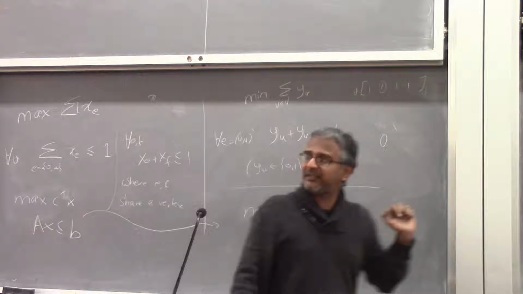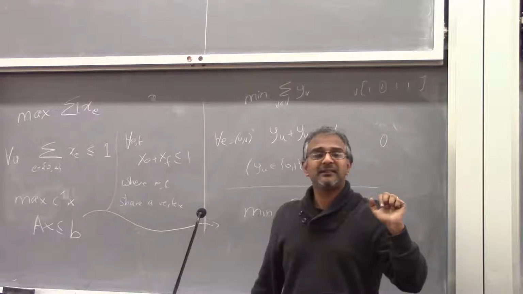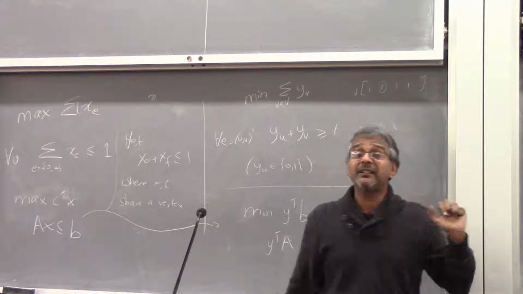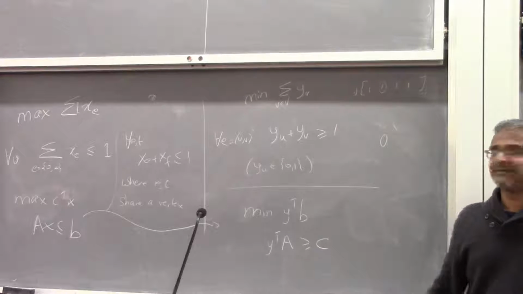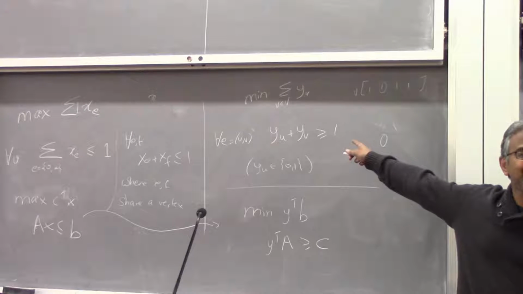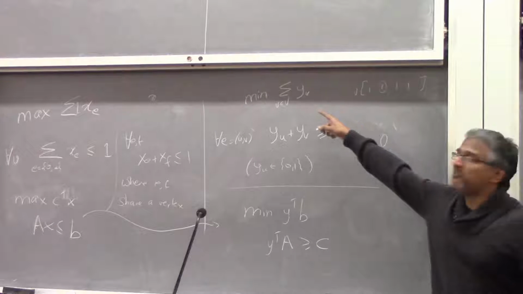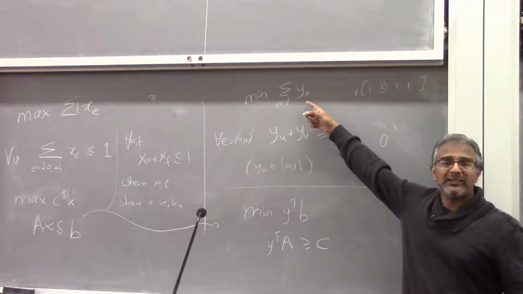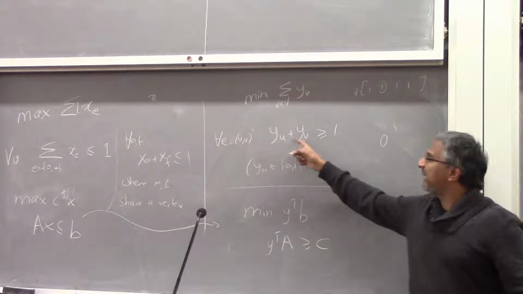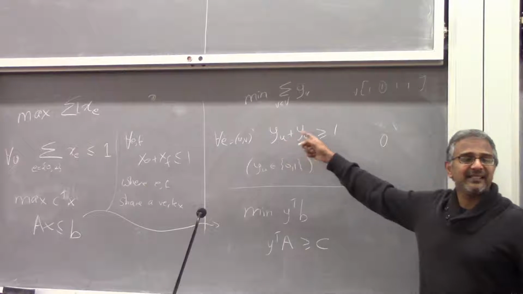What does this problem look like? Edge cover? Sorry? I mean, vertex cover? Vertex cover. This is vertex cover. Why? I want to minimize the number of vertices I pick with the constraint that every edge has at least one endpoint.